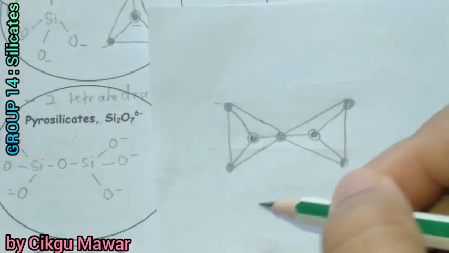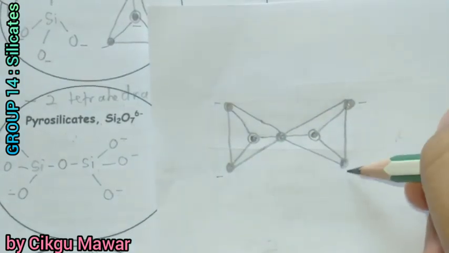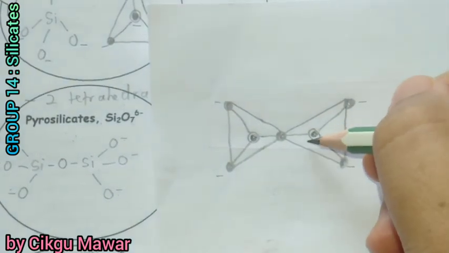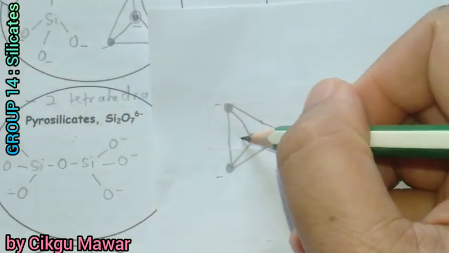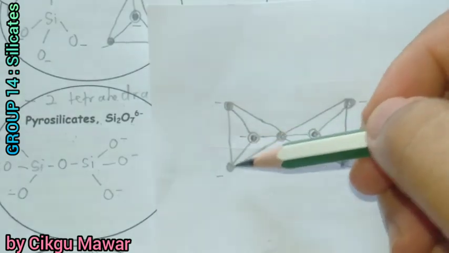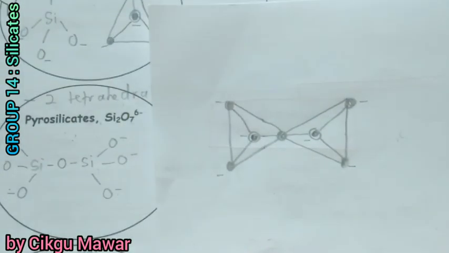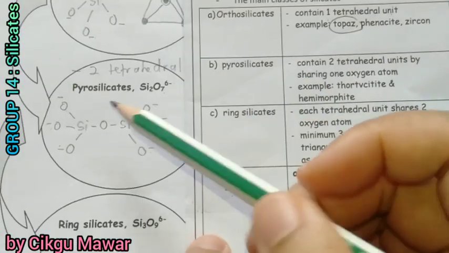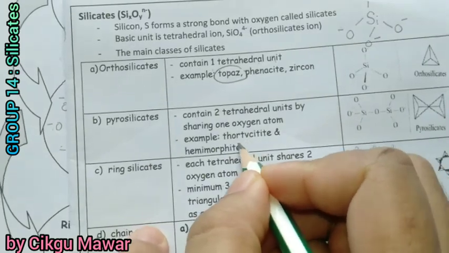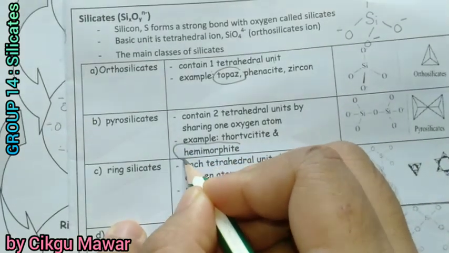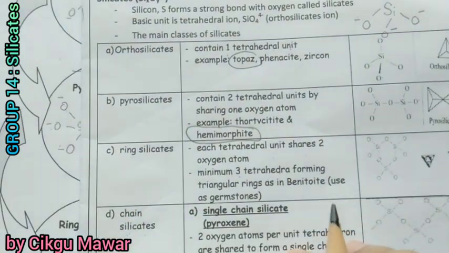Minus here, minus, minus, minus, and the backside oxygen. So they have 1, 2, 3, 4, 5 and 6 charges. The example of pyrosilicate that you can memorize is hemimorphite. Please take note of the example for each silicate.